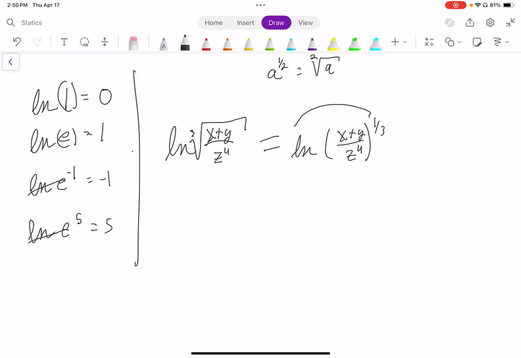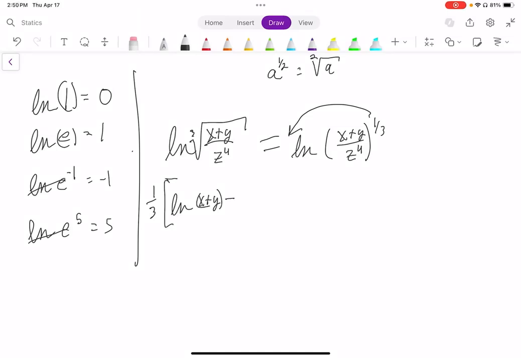Now, we can use this exponent and move it to the front. So this is going to be 1/3 distributed to our new expression. Rewriting this, we notice that in the top we have an x plus y. So our first natural log is going to be natural log of x plus y, in parentheses.